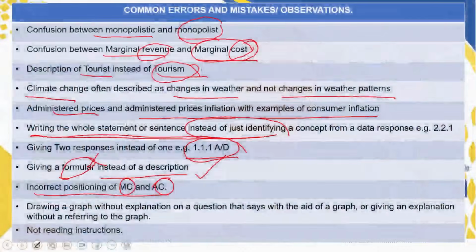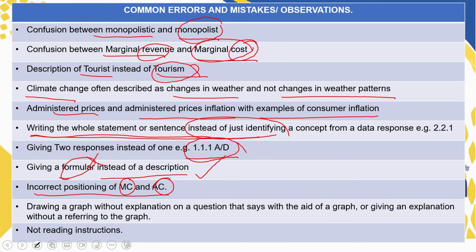Now, the other one is on incorrect positioning of the marginal cost curve and the average cost curve when we are drawing graphs. That is going to give us problems, because once your graph has the average cost curve and the marginal cost curve, but they are wrongly positioned, let's say you want to do the short run equilibrium positions for perfect markets, you are not going to have the correct shading of the economic profit or economic loss.